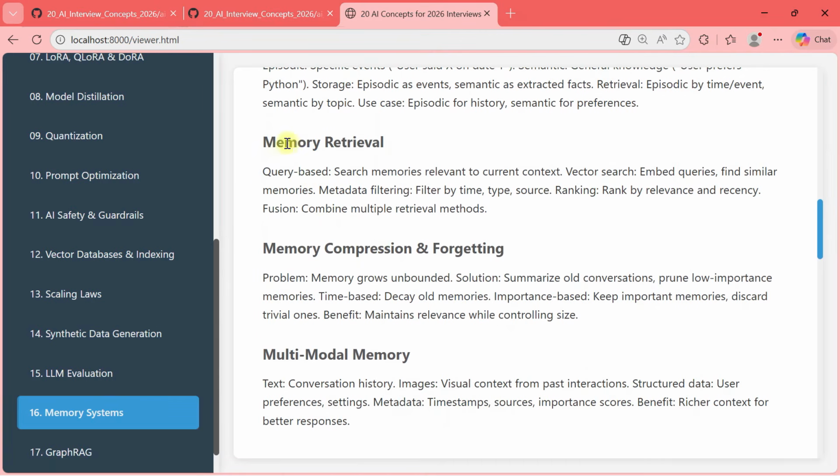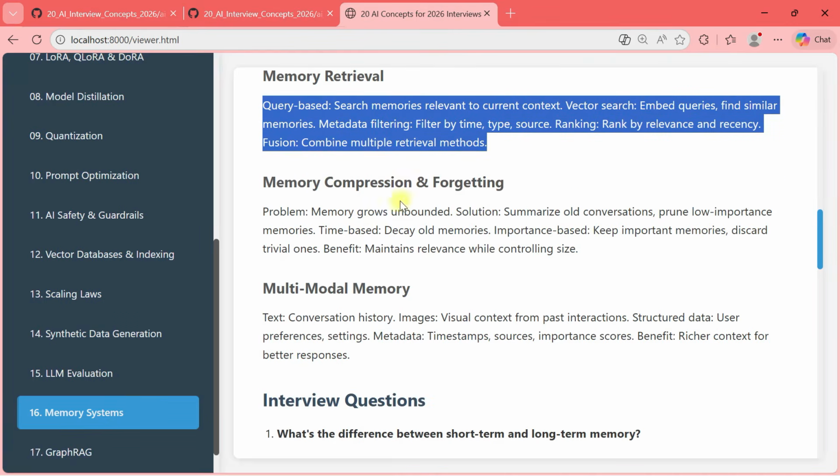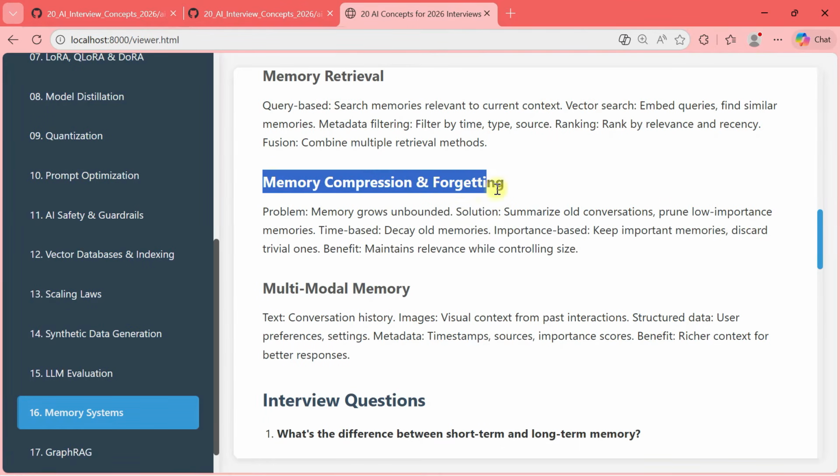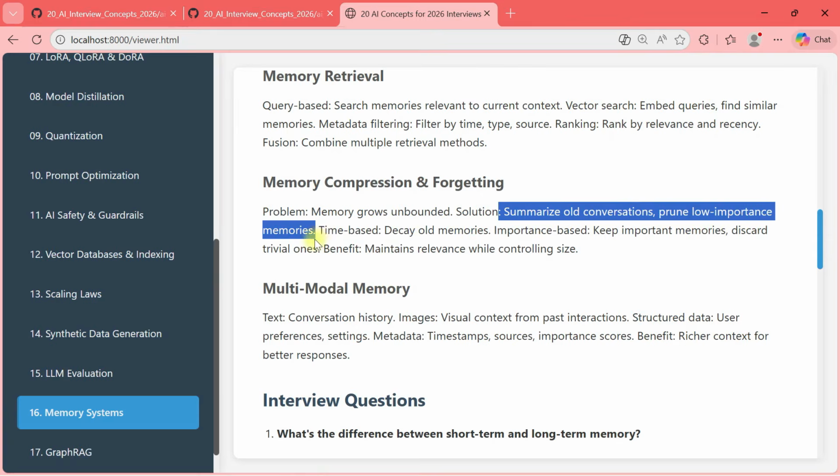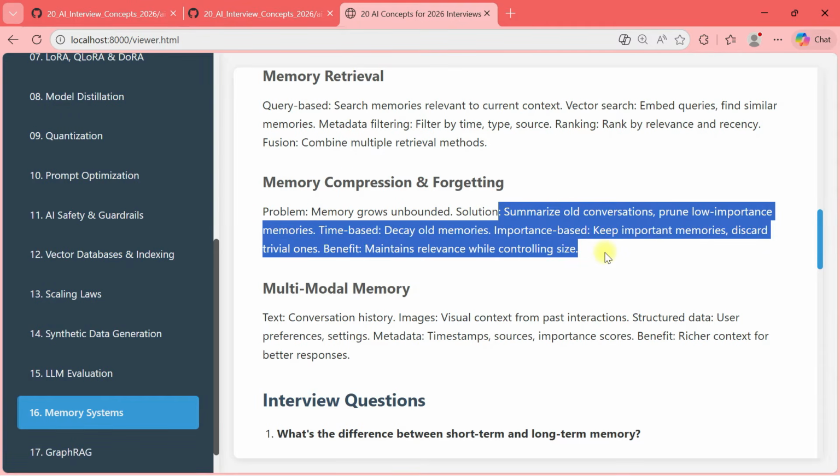Okay, memory retrieval is query based: search memory, current context, vector search. Then there is a concept of memory compression and forgetting. Memories grow unbounded. Solution: summarize old conversations, prune low importance memories, and it has to be time based and importance based. Remember these concepts.